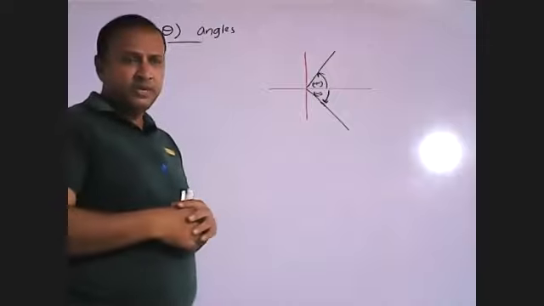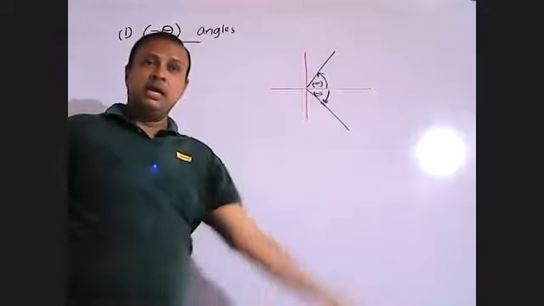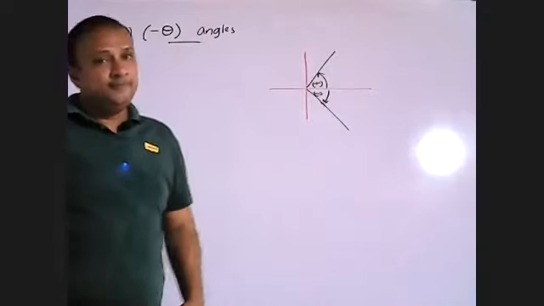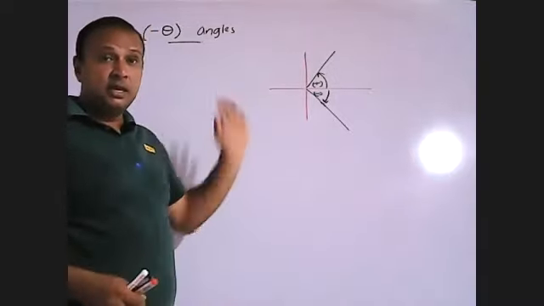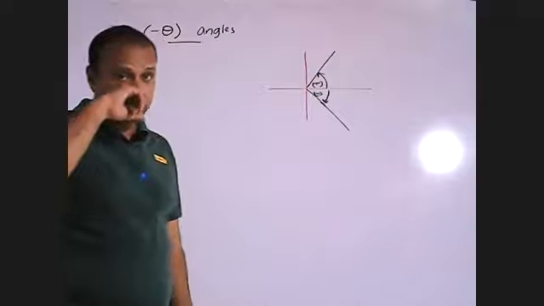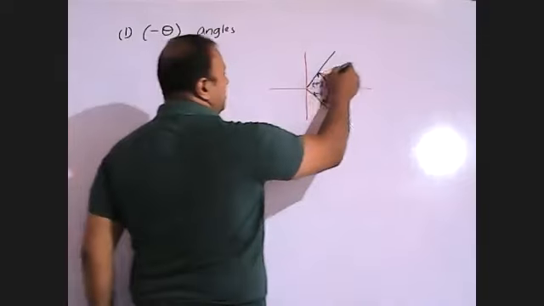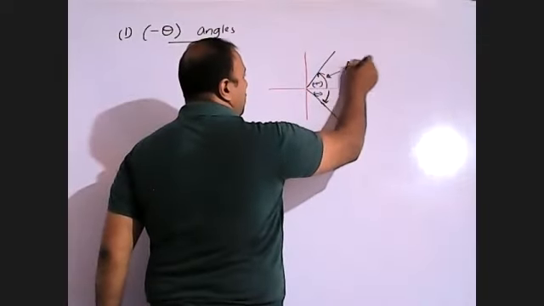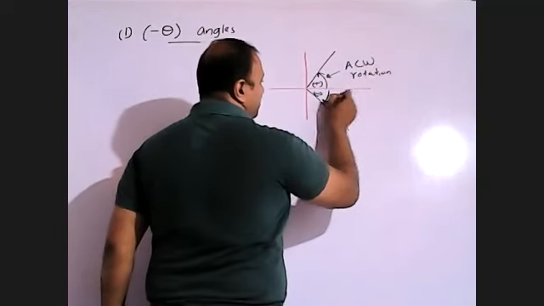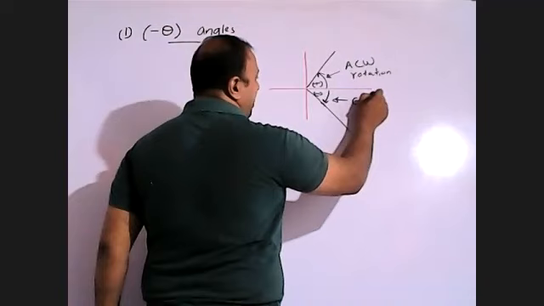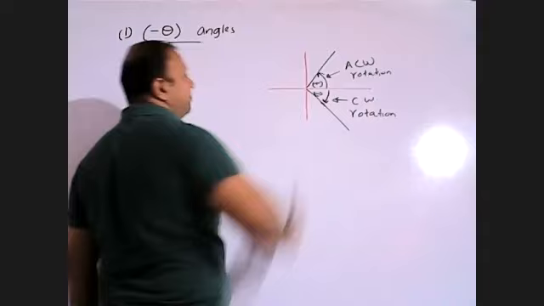Therefore, if our angle is measured in clockwise direction, it will be a negative angle. If the angle is measured in anti-clockwise direction, it will be a positive angle. Okay. So this is an anti-clockwise rotation. This is a clockwise rotation. Okay.